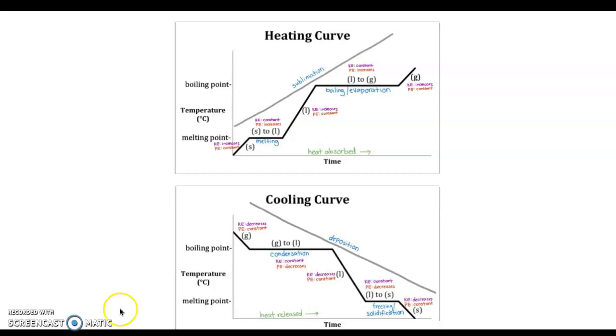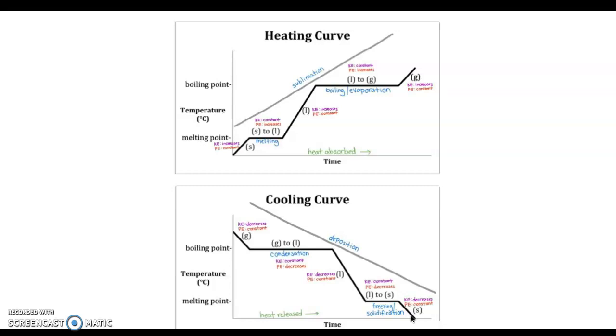A reminder that when you see a flat line, this is where temperature is constant, kinetic energy is constant, and a phase change is occurring, so you can see it's labeled with two phases. All the increasing or decreasing lines, in the case of cooling off, that's where you only have one phase of matter.